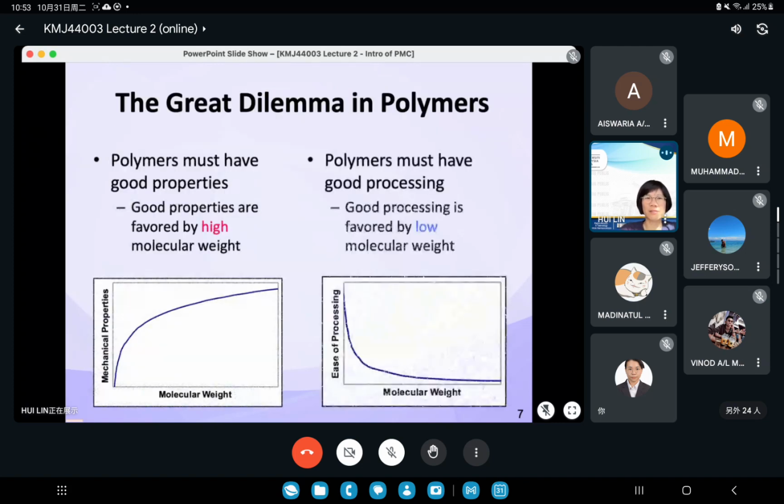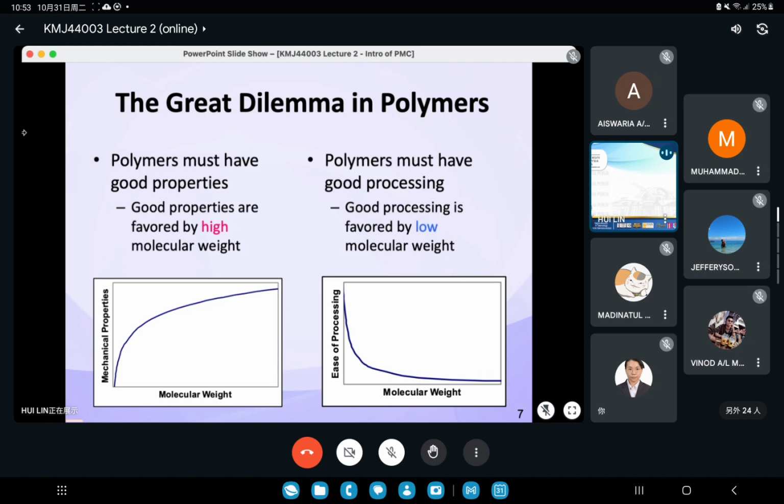Okay, so now here there is some dilemma. We know semi-crystalline polymer has high strength, and also usually it has a high molecular weight. So you learned about molecular weight, correct?